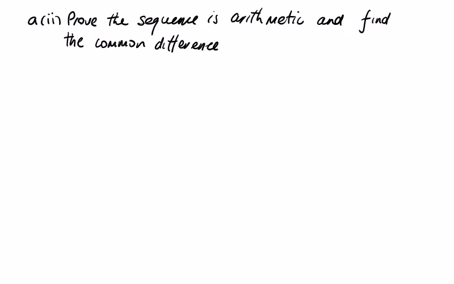So to prove this sequence is arithmetic, what we need to do is use Tn and Tn minus 1. We could also use Tn minus 1 and Tn minus 2. Let's use both. So term 2 take away term 1 will be Tn minus Tn minus 1, or term 5 minus term 4.